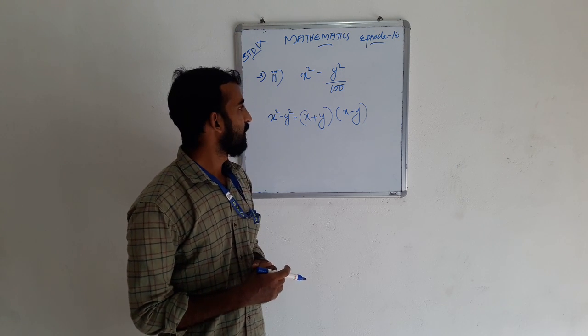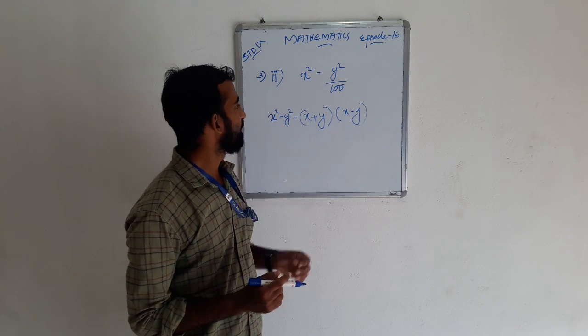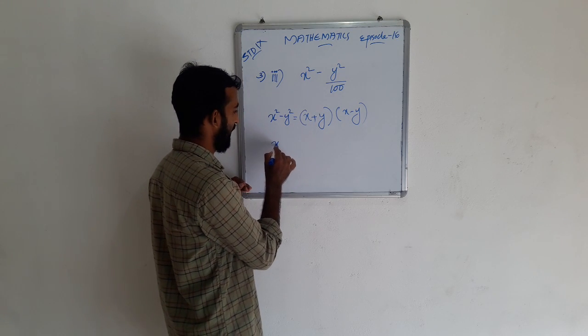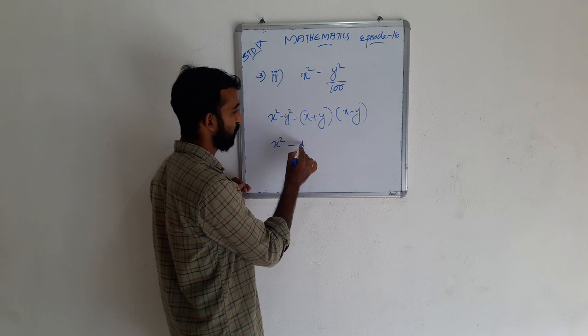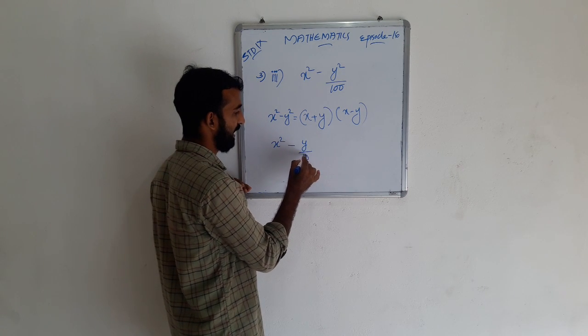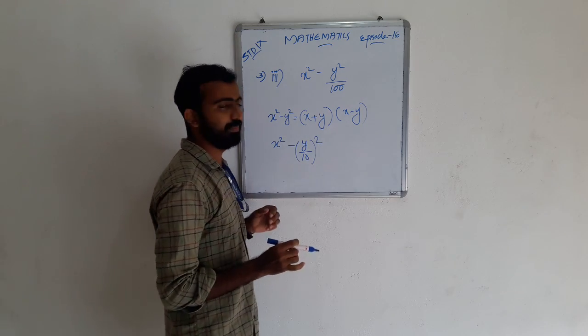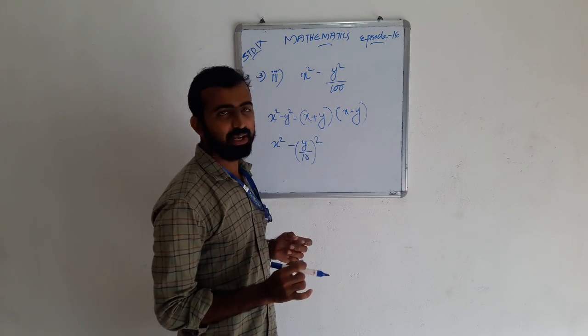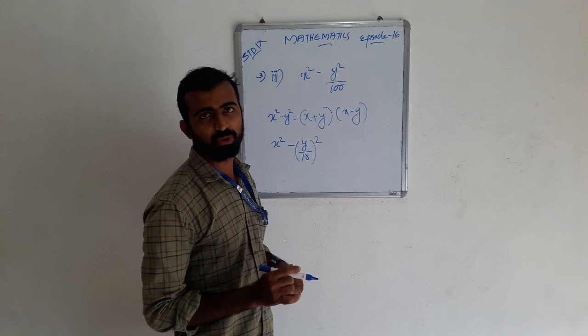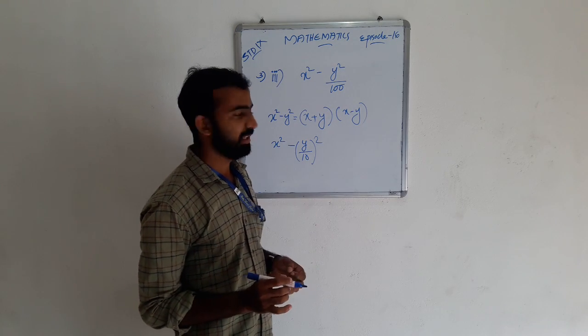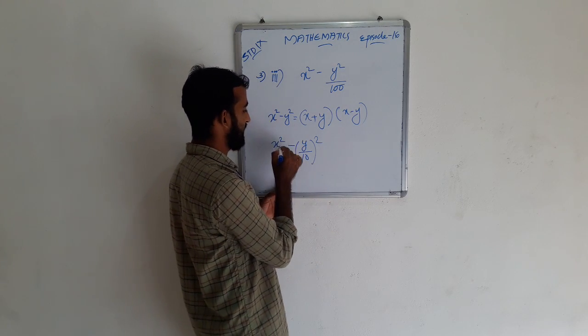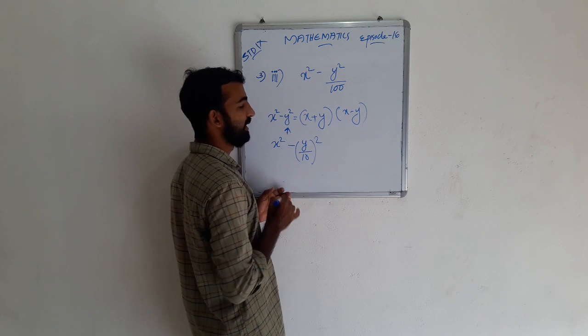Here we can split it as x square minus y by 10 the whole square. Can we write it in this form?